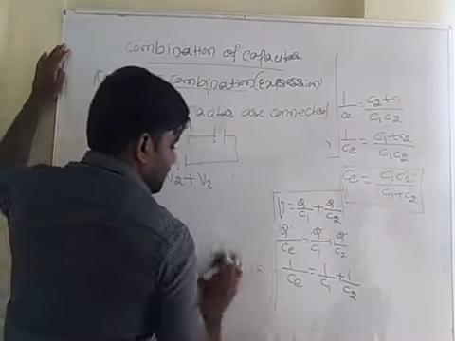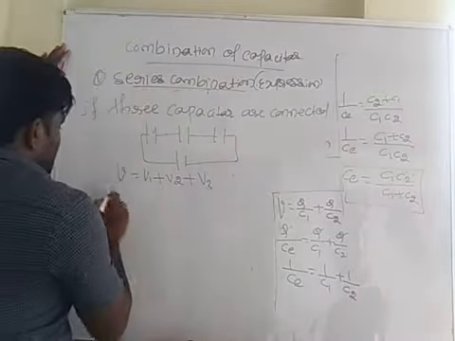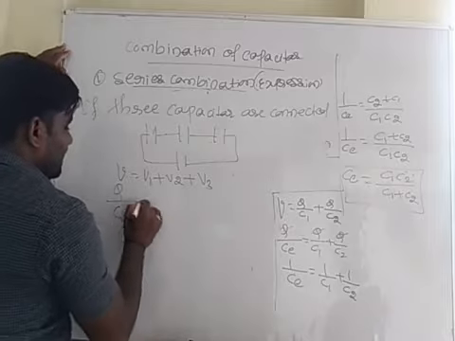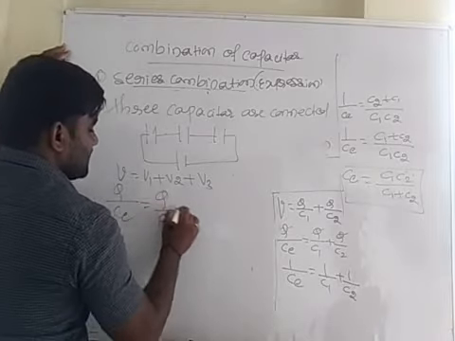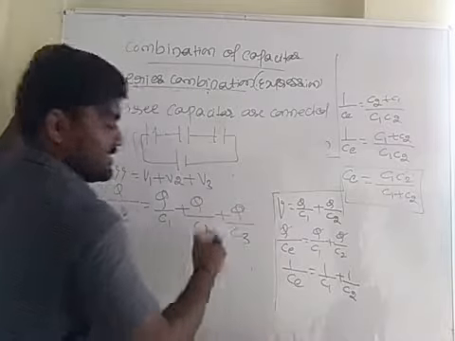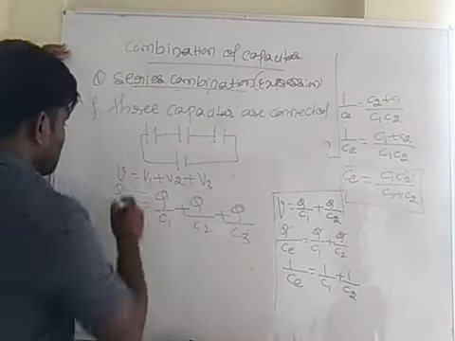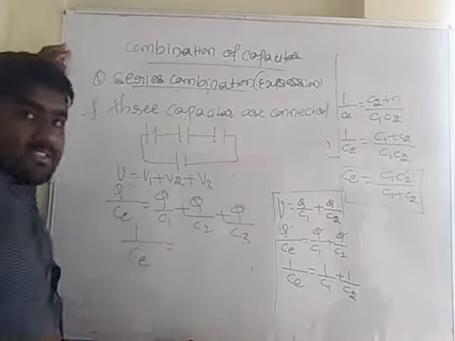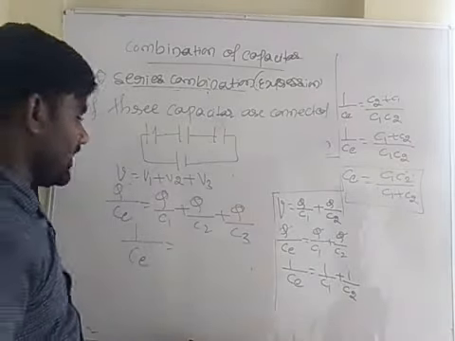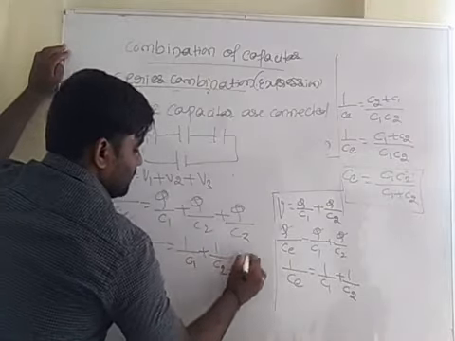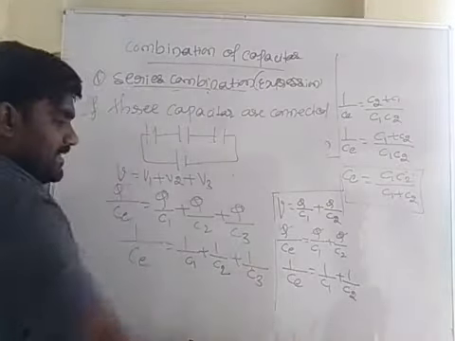Then put the value of V1. So V is equal to, what should I write? Q divided by CE is equal to Q divided by C1 plus Q divided by C2 plus Q divided by C3. Is or not? So Q gets cancelled. Then 1 divided by CE is equal to 1 divided by C1 plus 1 divided by C2 plus 1 divided by C3.